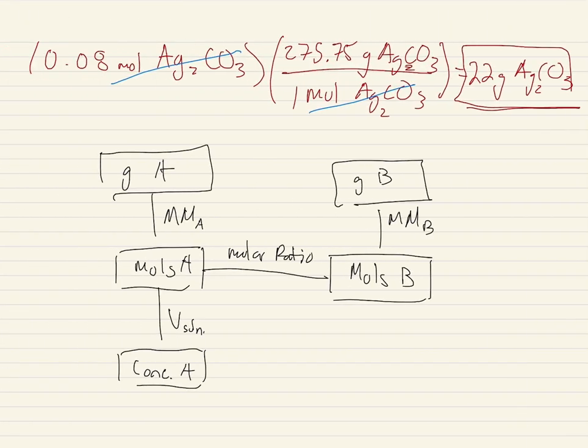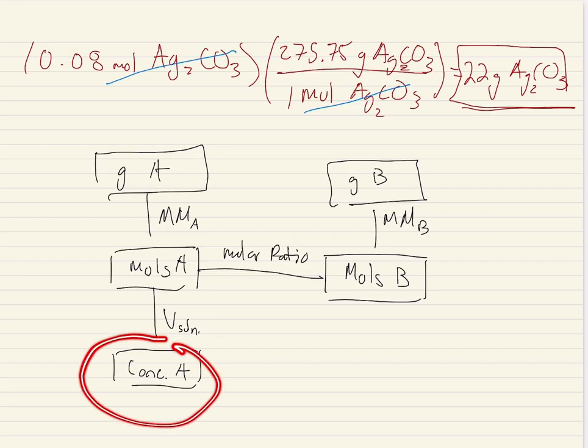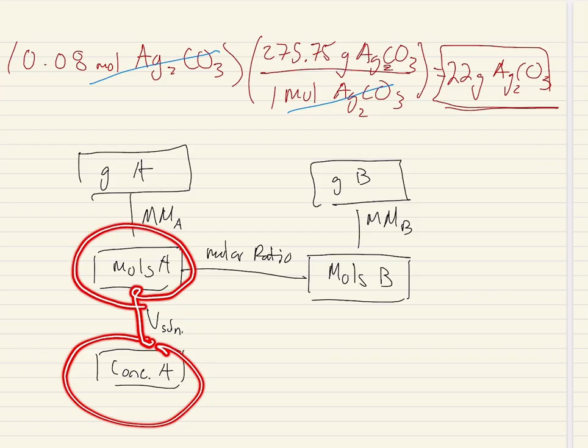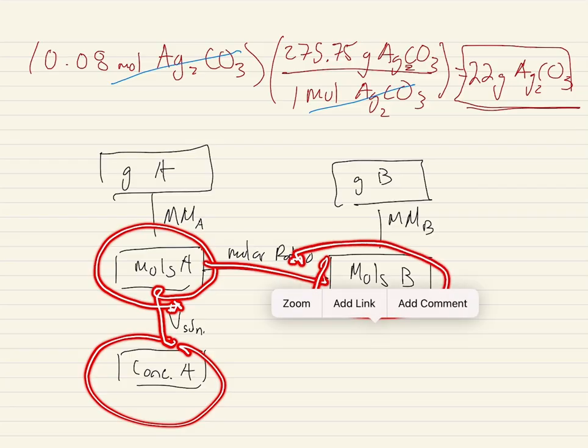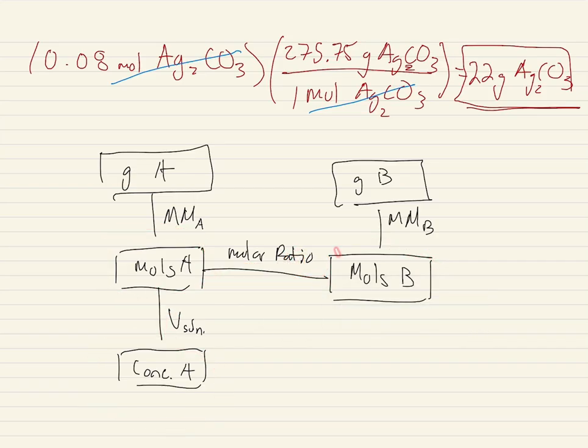Right? And so if you started from where we did, which was the concentration of A, we already converted that into moles of A of each reactant. We found the limiting reactant. We use the molar ratio to get the moles of a product, right? We have to redo that for the other product in this case. How are we going to get to the concentration of whatever B is? What are we going to use, right?